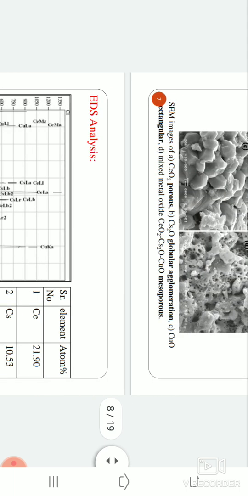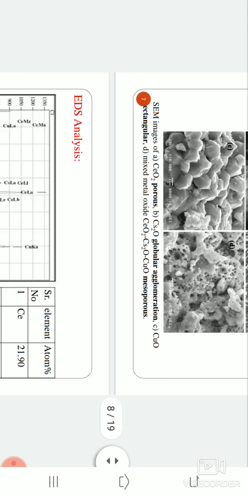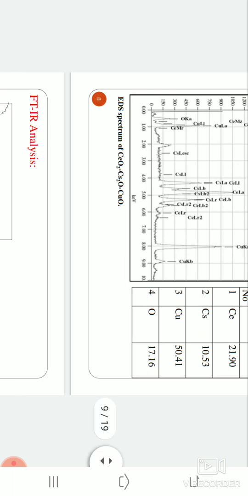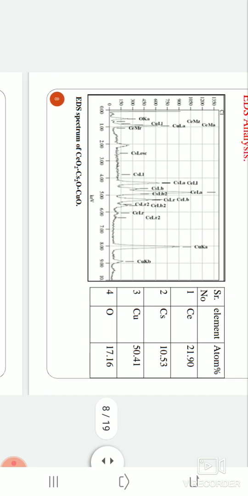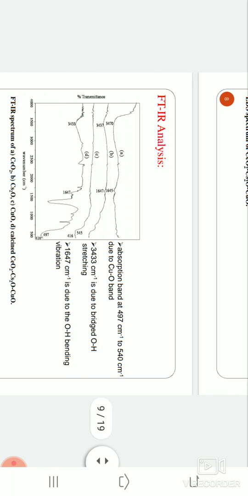After that, we take EDS analysis and observe that the amount of cerium is 21.90%, cesium is 10.53%, copper is 50.41%, and oxygen is 17.16%, confirming that our mixed metal oxide consists of these four elements in its structure.